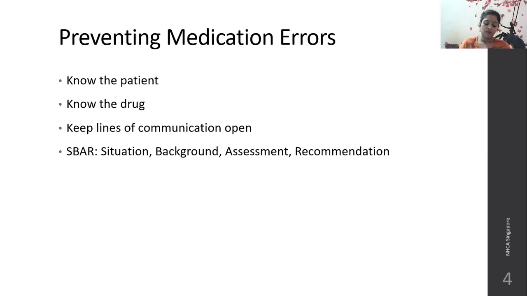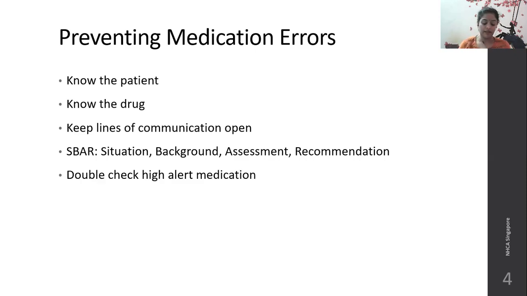During assessment, you check the vitals: breathing increased, heart rate increased. You think the patient may be in respiratory distress. So according to that, you will take action: immediately start administering oxygen and give an analgesic to relieve the chest pain. That's an example of doing situation, background, assessment and recommendation.